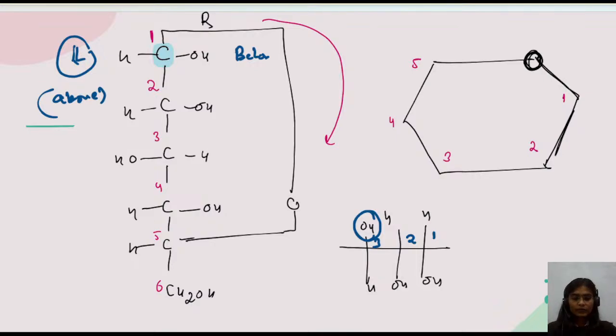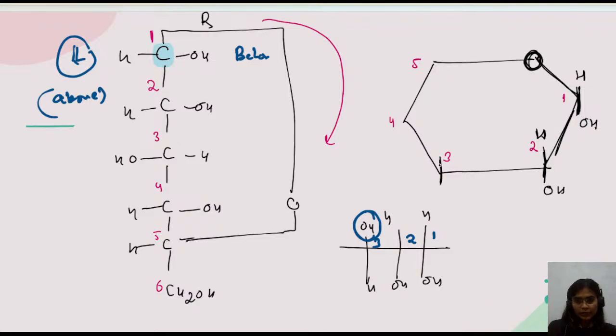I will repeat one more time if you're not getting it. Carbon number one: the OH is on the right-hand side, so below the plane. Second carbon: hydrogen above and OH below. Third carbon is the only exception: OH above and hydrogen below. Fourth carbon: again hydrogen above and OH below.